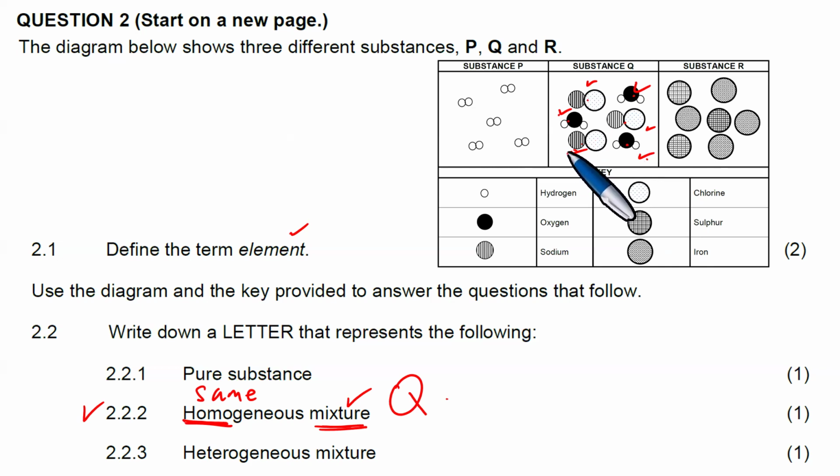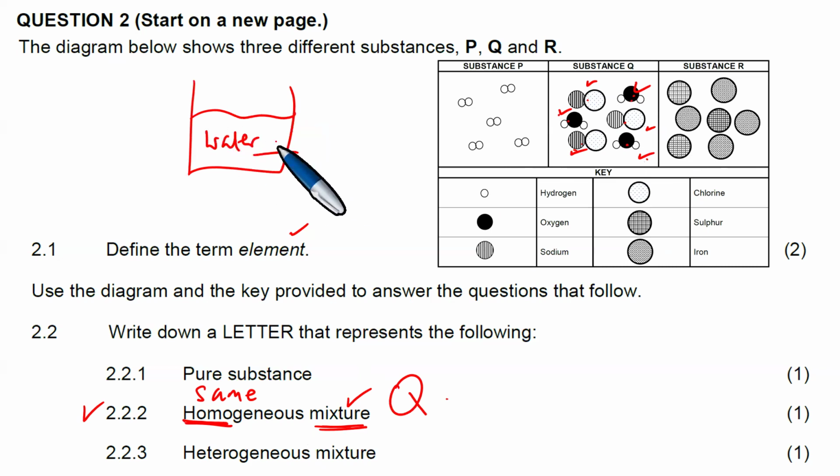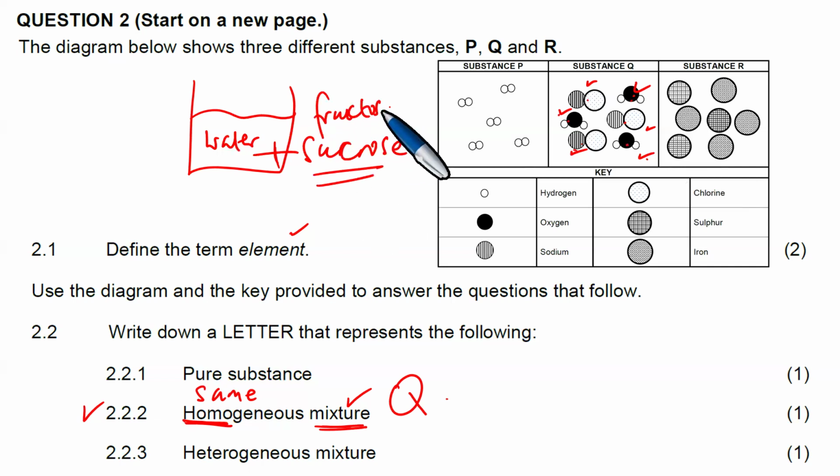Now, you need to think and understand what a mixture is. Like I made an example, you put water and you add sucrose, table sugar, which is made from sugar cane, or you can add fructose.